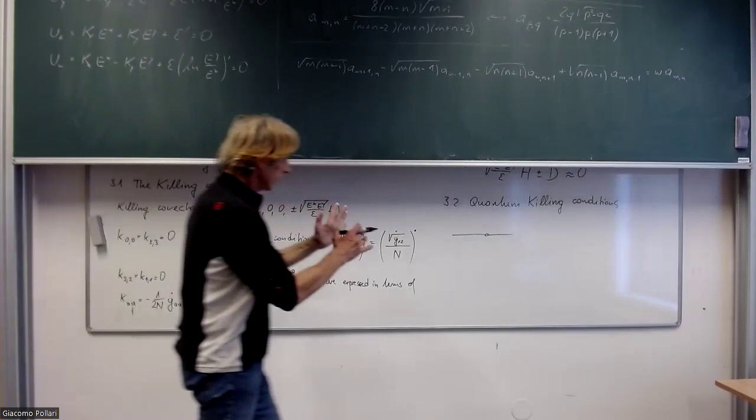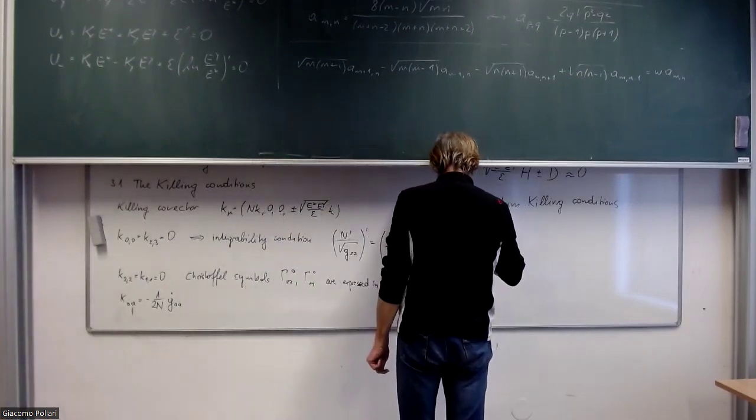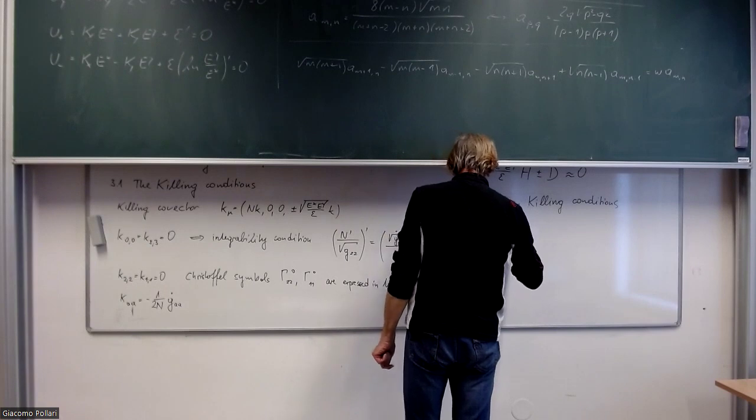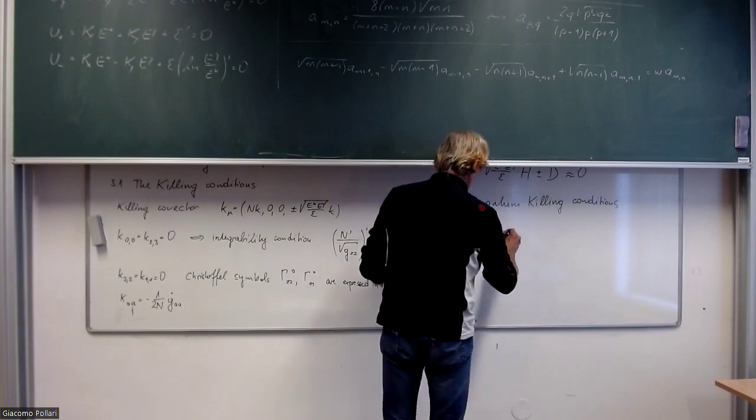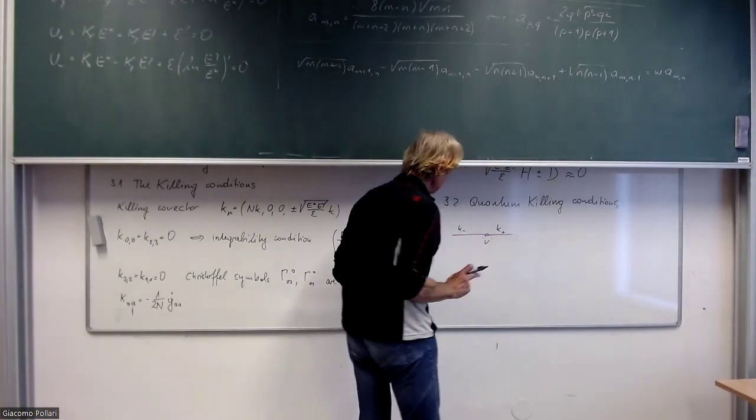So we take such a sequence with V, K minus, we take just two holonomies, K minus and K plus.